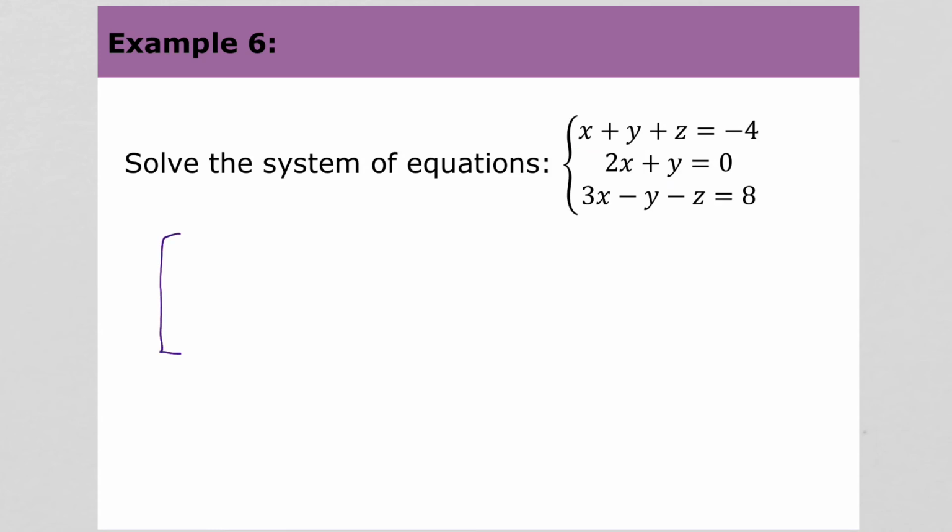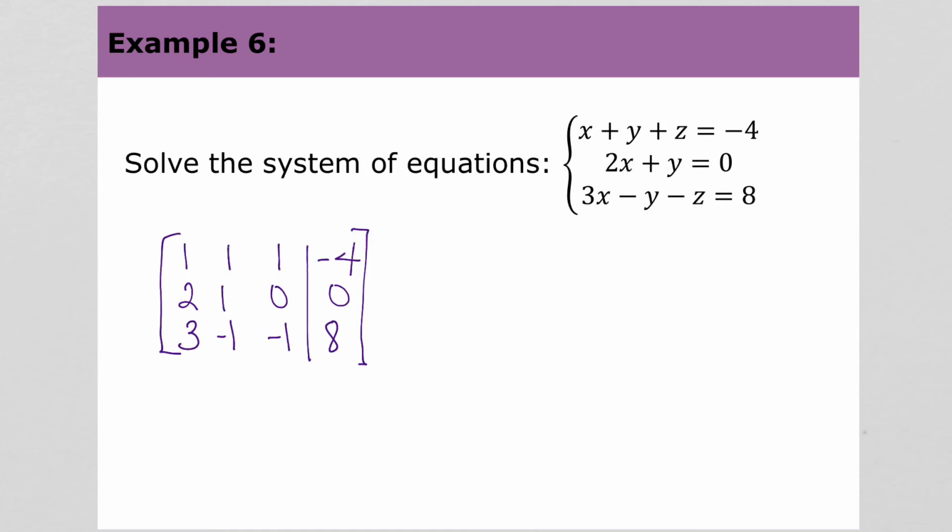And we make our matrix. 1, 1, 1, negative 4. 2, 1, 0, 0. 3, negative 1, 8. Okay? And remember our steps.